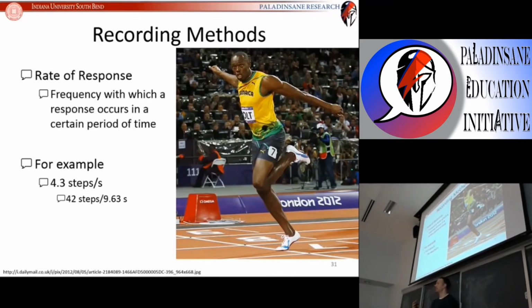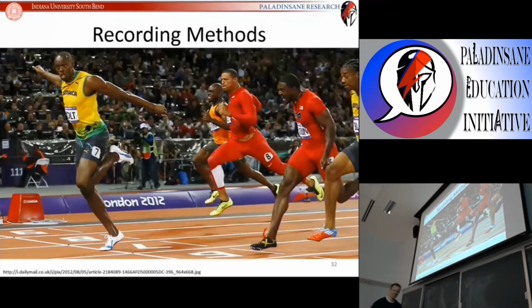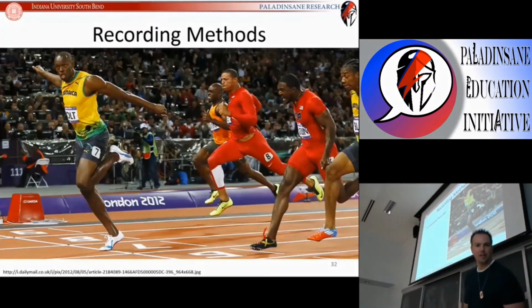Only 12 individuals in the entire history, and everybody but Usain Bolt at some point in their career popped positive for performance-enhancing drugs. And that's 9.81, right? That's all of these guys back here. So just again, it boggles the mind. I think he almost broke the matrix barrier and ended up outside the program. Anyways.